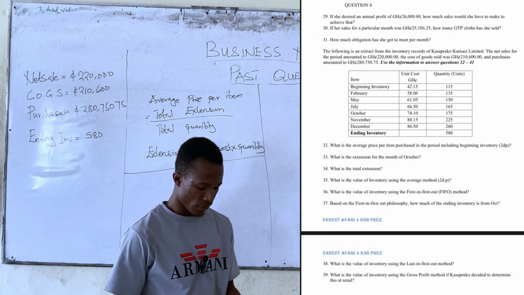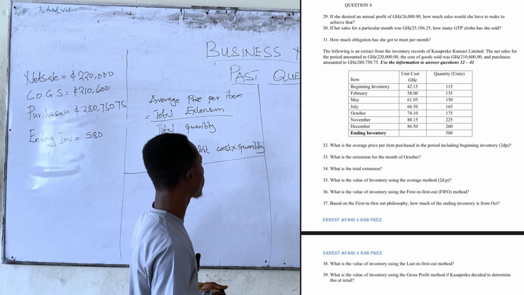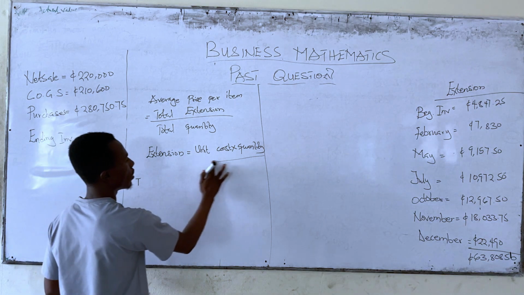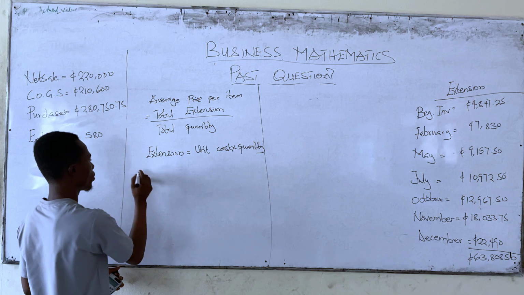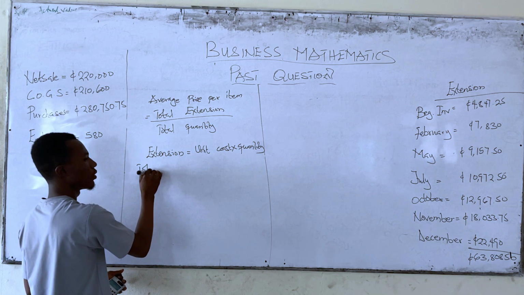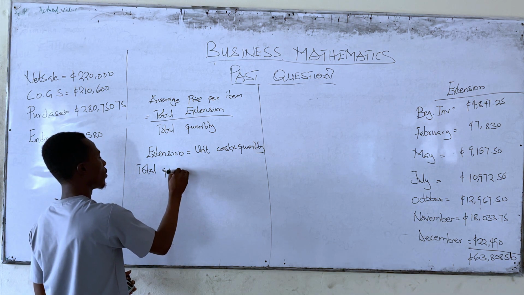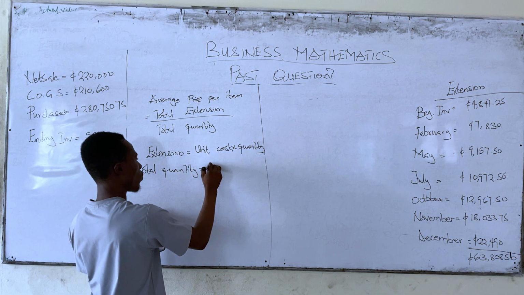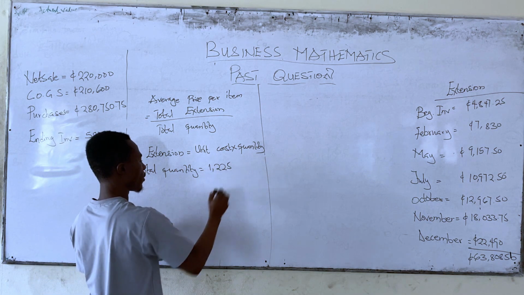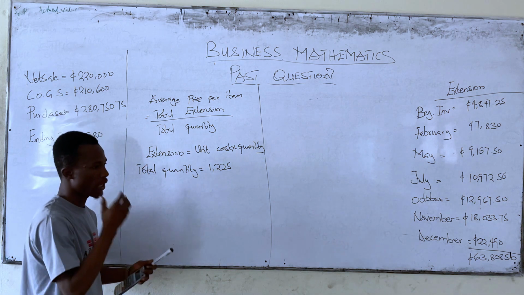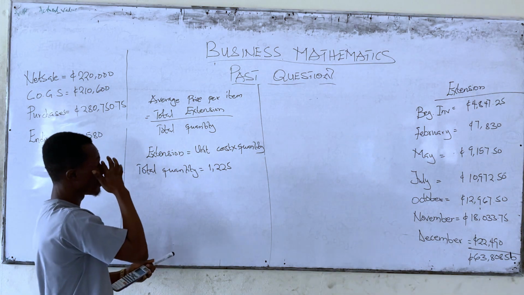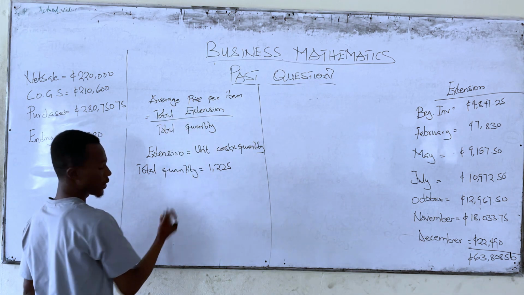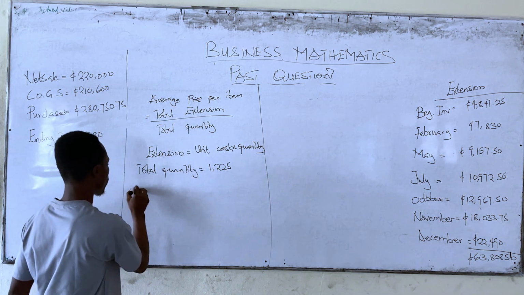So we have the total quantity to be 1,225. Now let's calculate question number 32.